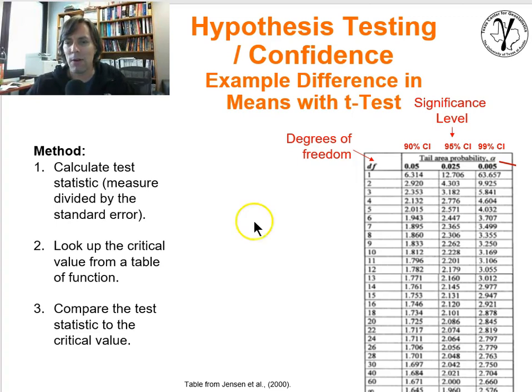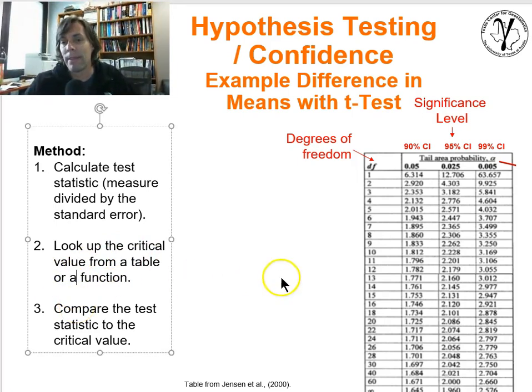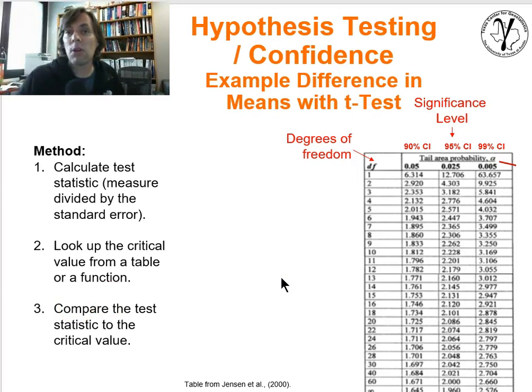You then look up the critical value from a table or a function. The critical value is simply going to be, remember with confidence intervals, we were talking about the fact that the lower and upper bound would be equal to, in a two-tailed test, the P2.5% and the P97.5% if we have a confidence level of 95%.